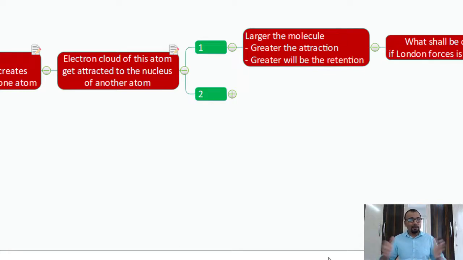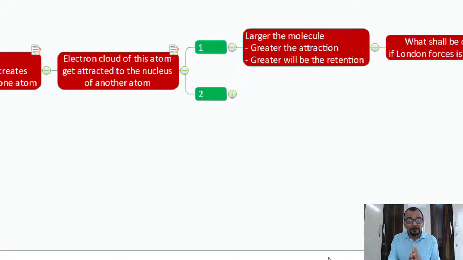So the DB1 or BP1 columns have their retention governed with the help of London dispersion forces. If you are using the DB1 column or the BP1 column, probably you can see that the larger molecules elute very late and the smaller molecules elute very early.